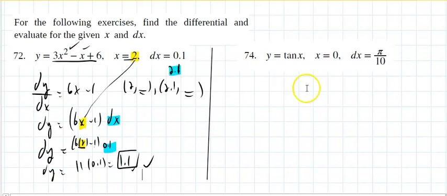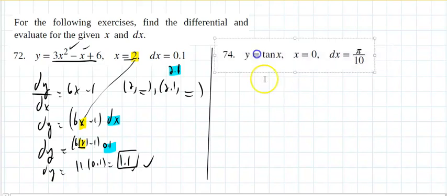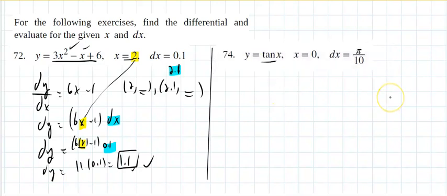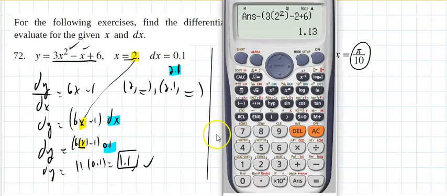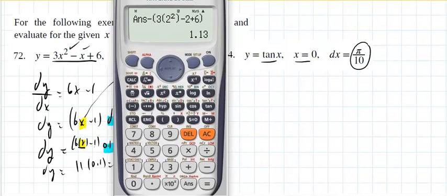Same deal here. Look at this problem. We have a problem with tangent, because tangent is an irrational number. Around 0, if I want to go by pi over 10, remember pi is 3.14. 3.14 divided by 10 is an actual value. So I'm moving by roughly 0.3.